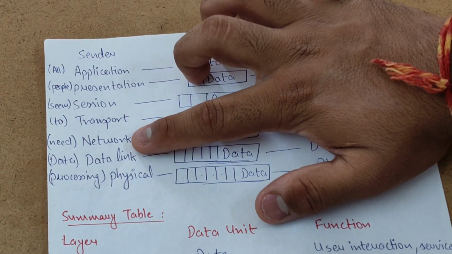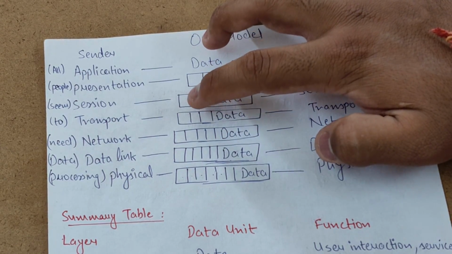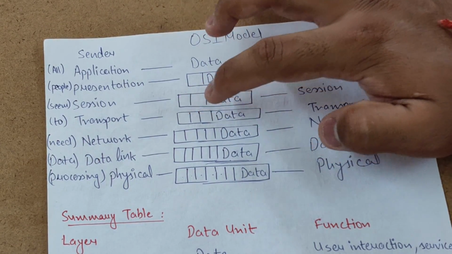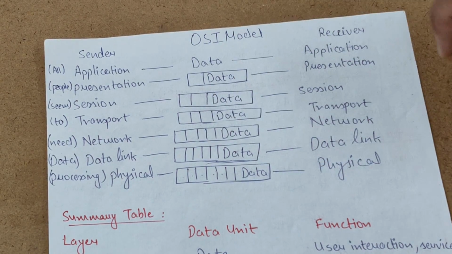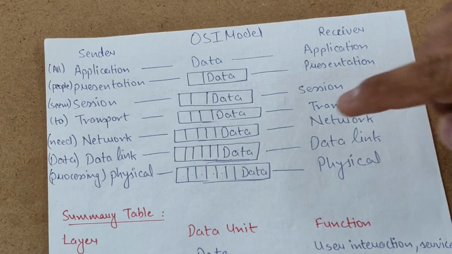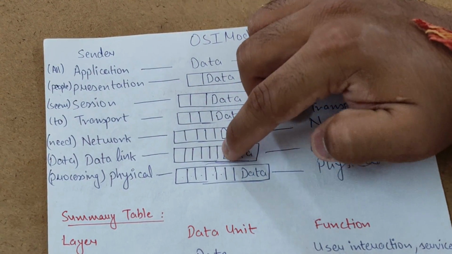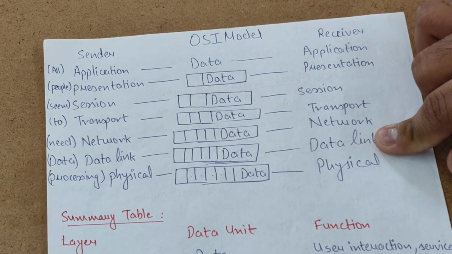Then we have the network layer. In the network layer we have four blocks. The data is four blocks away from the sender and four blocks closer to the receiver. Then we have the data link layer. The data is 5 blocks away from the sender and 5 blocks closer to the receiver.